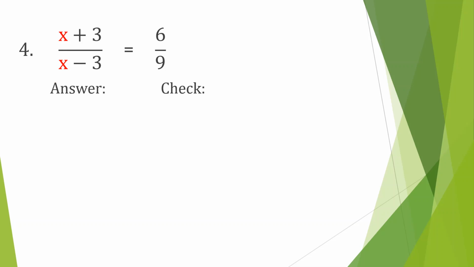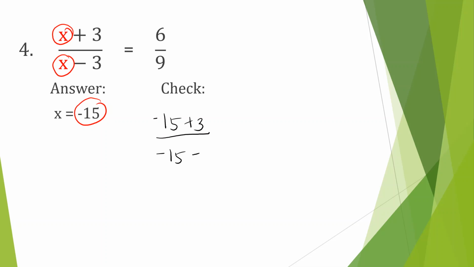Let us now check if our answer is correct. Let us substitute the value of x in the given equation. So all x in the given equation will be replaced by negative 15. So we have negative 15 plus 3 over negative 15 minus 3 is equal to 6 over 9.